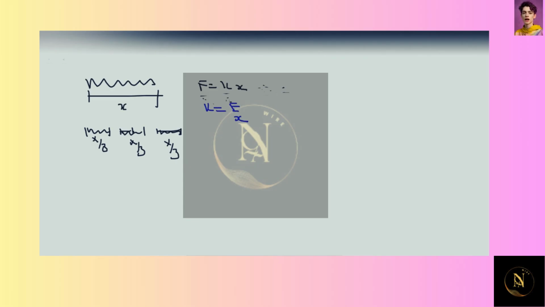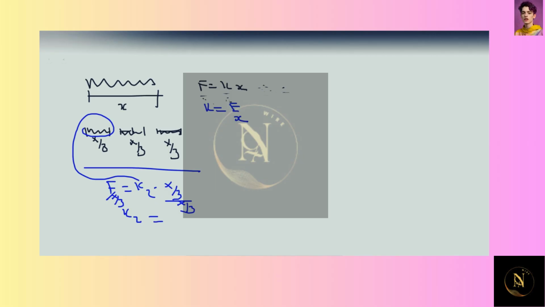If you split the spring into three parts, let's call this k2. So F equals k2 times x over 3. k2 is the spring constant for each one of these small springs. We divide both sides by x over 3, so we end up with k2 being 3F over x.